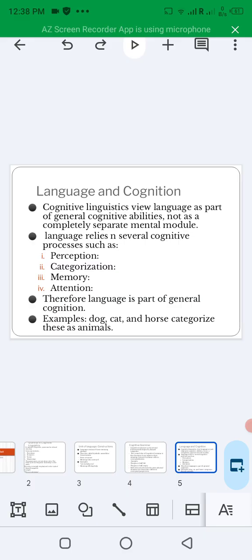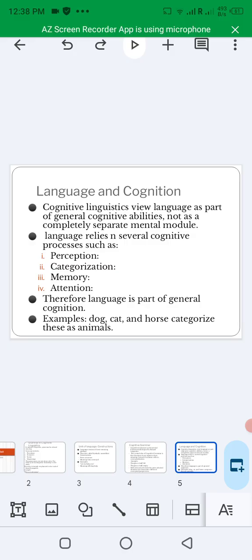Language relies on several cognitive processes such as perception, which means how we perceive objects and events, categorization, which means grouping things into different categories, and memory, storing linguistic patterns of words or sentences.